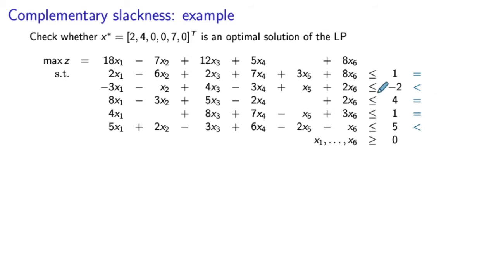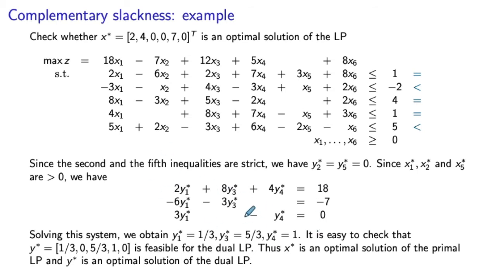You use this fact in the system for the dual that you are writing, and you solve the system for the dual, then you verify that the solution that you obtained from this system is going to be feasible with respect to the constraints that you ignored while writing the system. So once you have primal feasibility, dual feasibility, and matching objectives, it means that the corresponding solutions for the primal and dual are optimal for their respective problems.